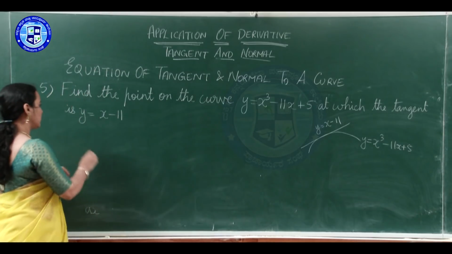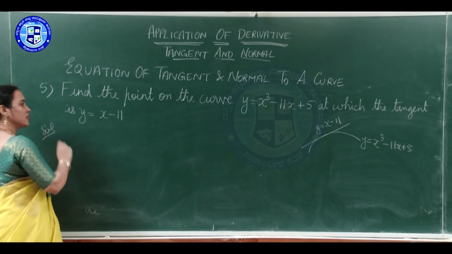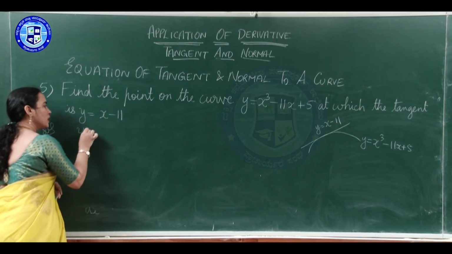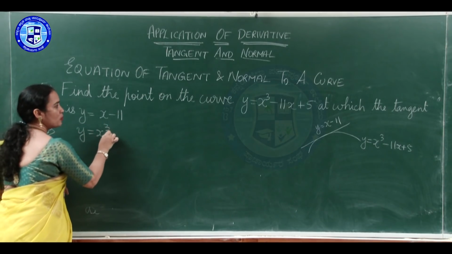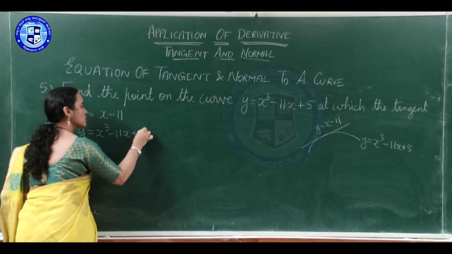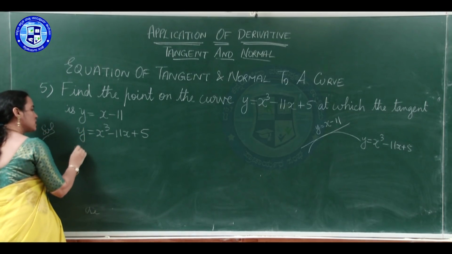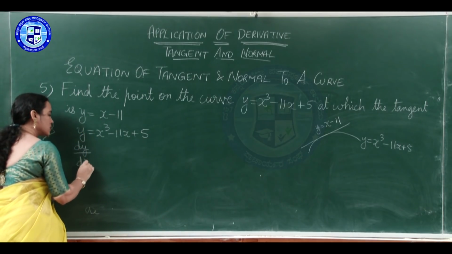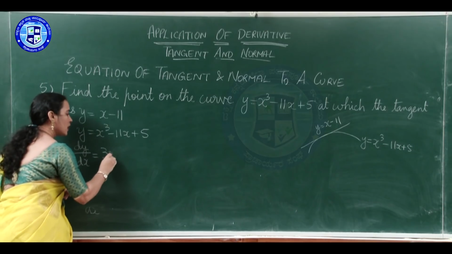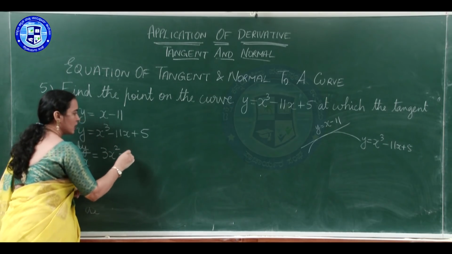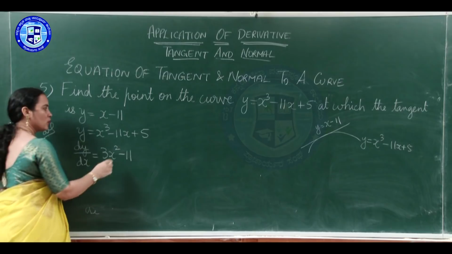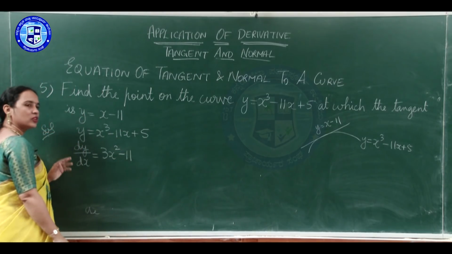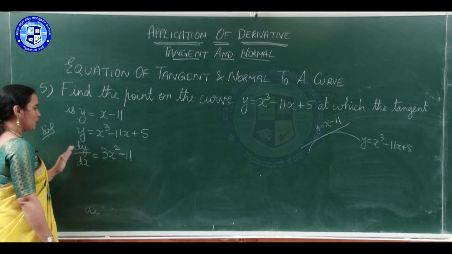As usual, let us take the curve equation and find the derivative of it. So, y is equal to x cube minus 11x plus 5. Differentiate, you will get dy by dx is equal to 3x square minus 11. X when you differentiate 1, plus 5 when you differentiate 0. So, keep it as it is.